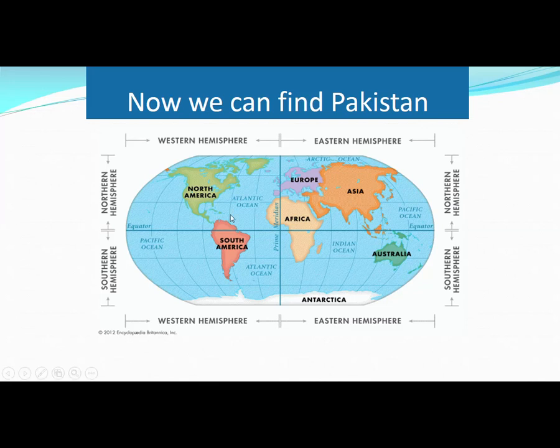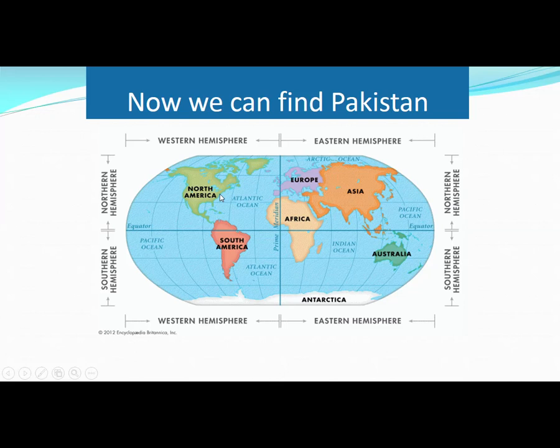You can see all the continents in this picture. This part is called western and this one is called eastern. The upper part is called northern, and the lower, under the equator, is called southern hemisphere.